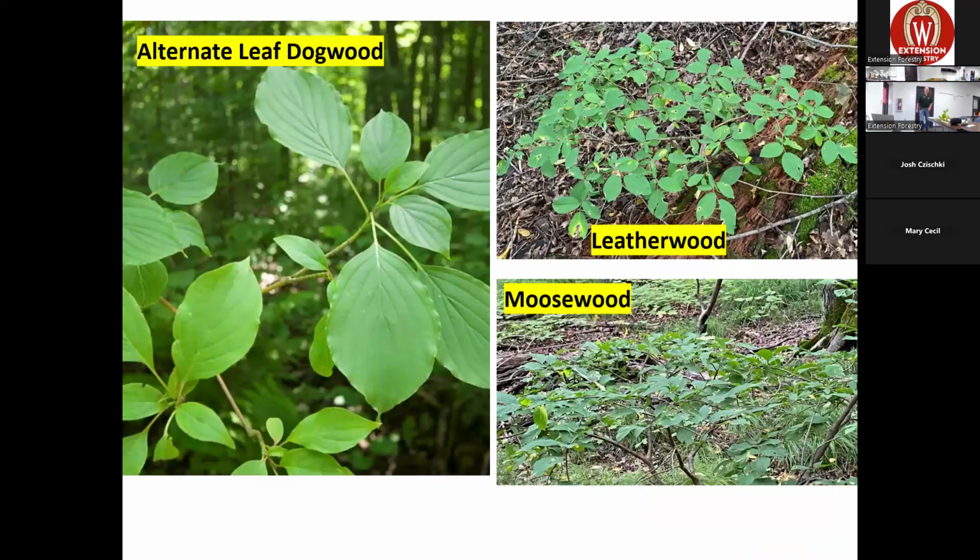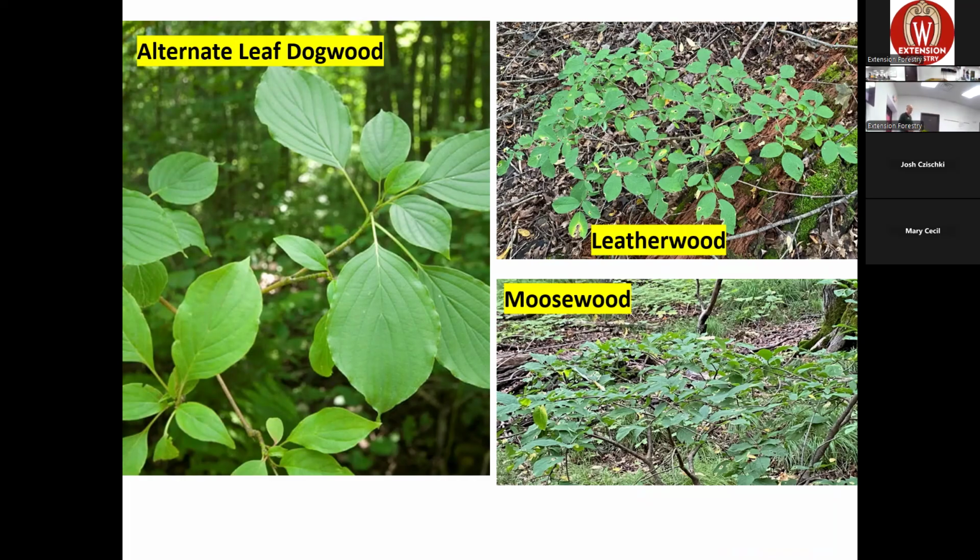So I'm going to get started with a little identification. We have two common woodland shrubs here. One is called alternate leaf dogwood, and then the other one is leatherwood, which is sometimes referred to as moosewood. Why is it called moosewood? I've heard a lot of different variations on that theme.